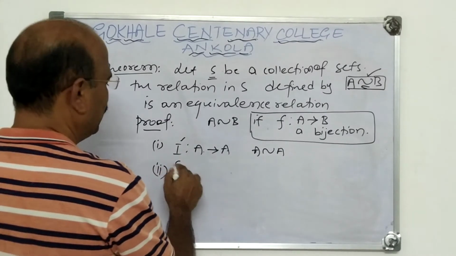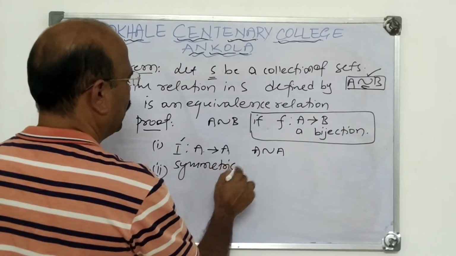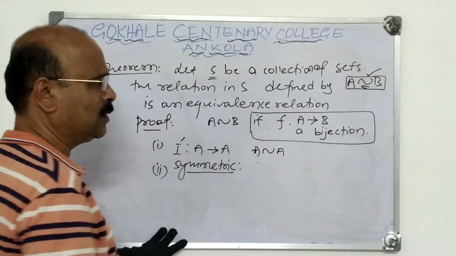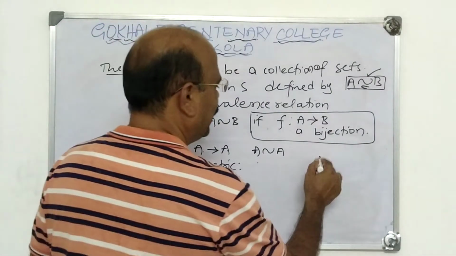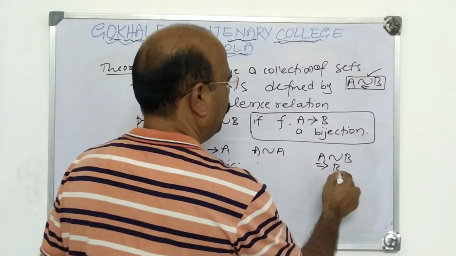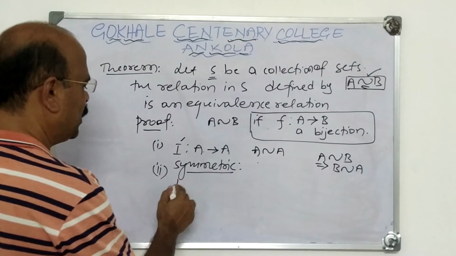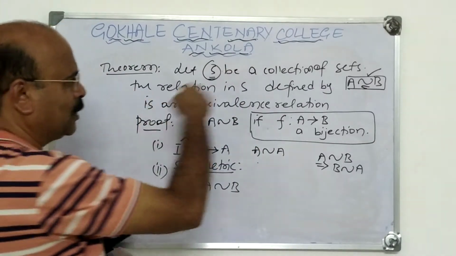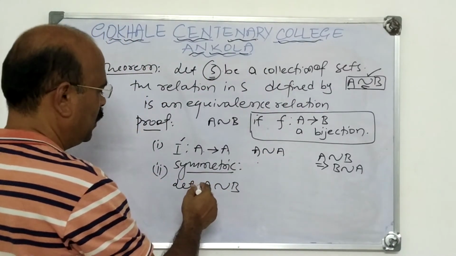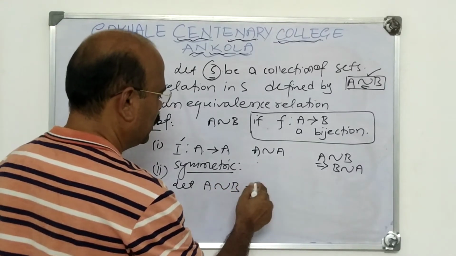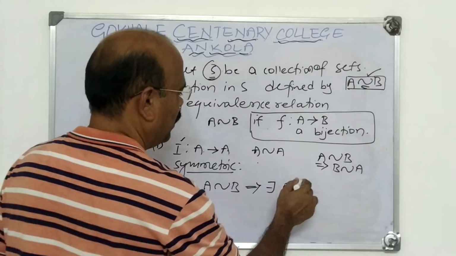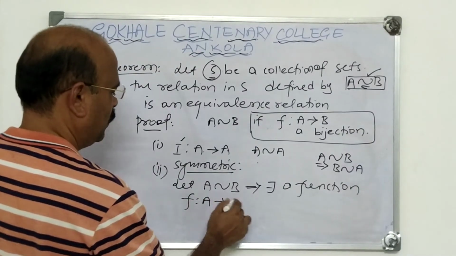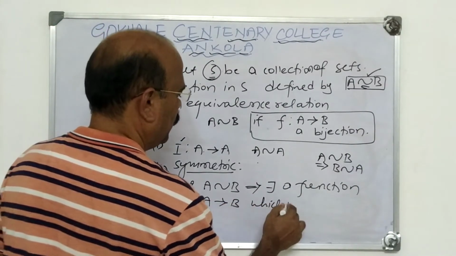Second thing is symmetric. Symmetric means, if A is equivalent to B, prove that B is equivalent to A. S is a non-empty set, a collection of sets here, and suppose A is equivalent to B. This implies there exists a function f from A to B, which is a bijection.